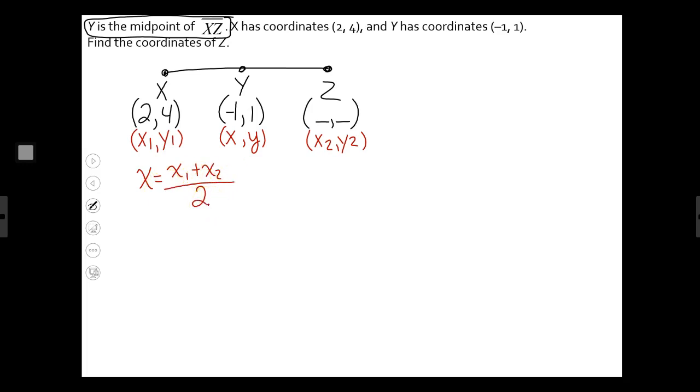This time I have an x. x is negative 1. So you plug that in. Negative 1 equals, I have an x1, x1 is 2. I don't have an x2, so that is what I'm solving for.